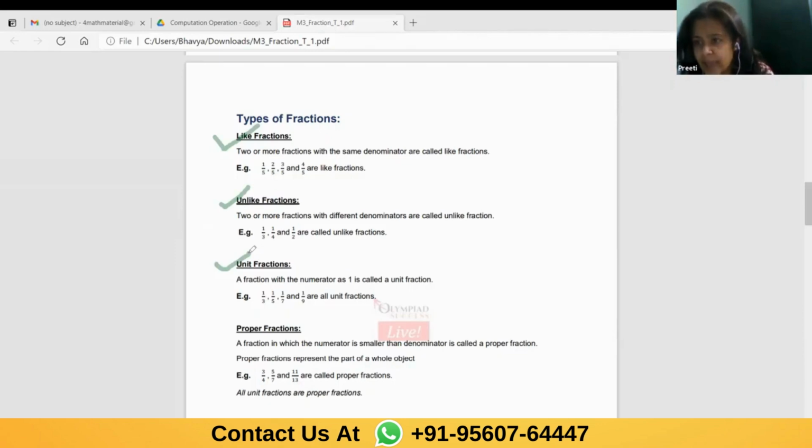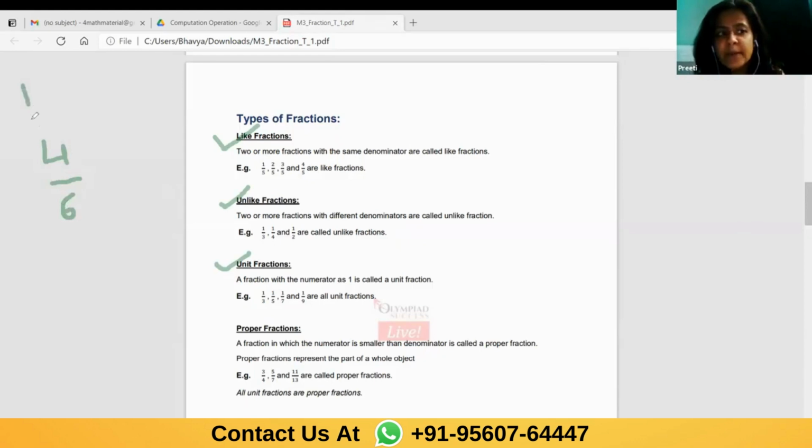For example, 4 by 6, my numerator is less than denominator, so it is a proper fraction. If I do it the other way around, if my numerator is 6 and my denominator is 4, then this is an improper fraction.